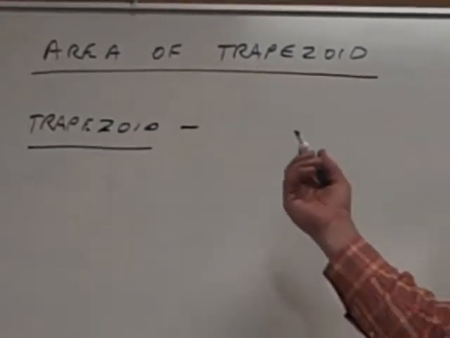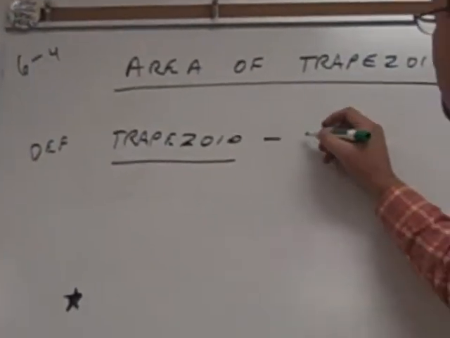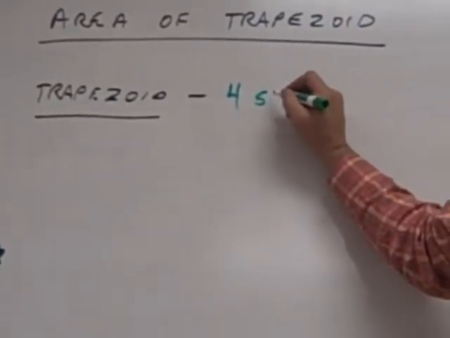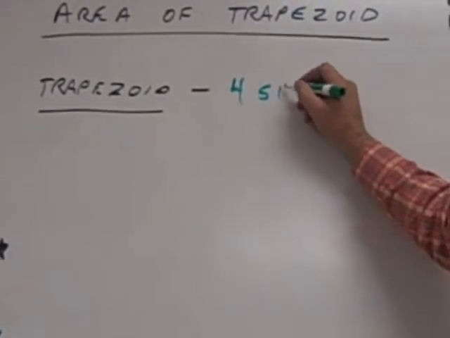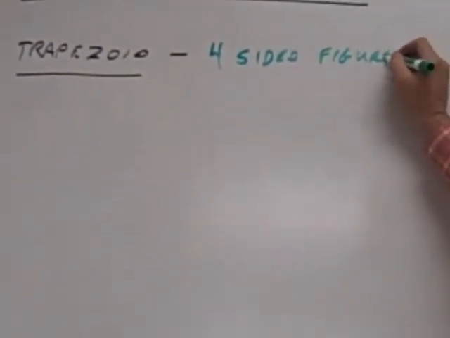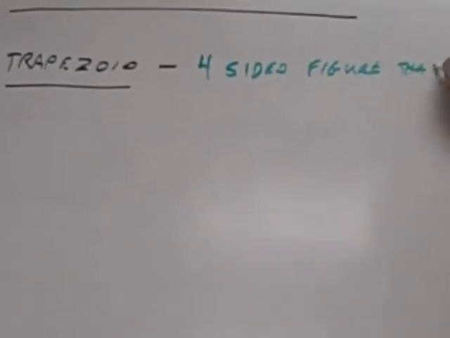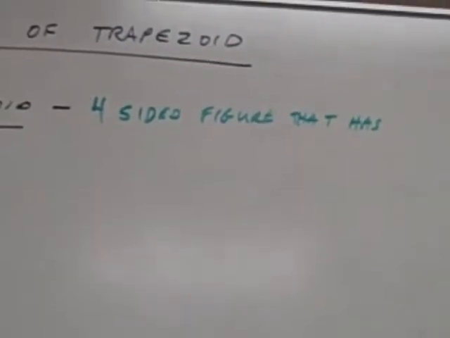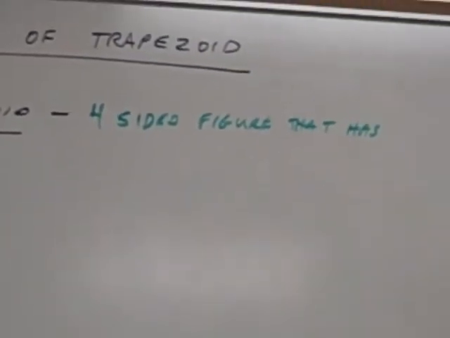Now we need a definition for trapezoid. Quadrilateral. All right, but I'm going to write this. That's a good fancy word. I like that, but I'm going to call it what the definition of quadrilateral is. Four-sided figure that has. Now, what characteristic does a trapezoid have, Cody, that we haven't talked about from others? It's half of a hexagon. No, well, okay, but that's too confusing for this ding-dong head of mine, okay?